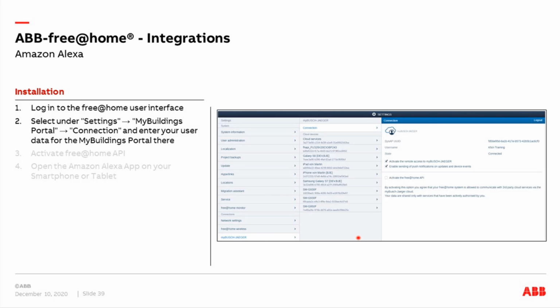Here I have now the possibility to go to the connections and connect my system access point now with my My Buildings account. So this is the first step which I have to fulfill. Means here I'm already connected. Usually you have here on the top right side a small button which is called Connect. You have to put in your credentials of your My Buildings portal account, and then you connect your My Buildings account and your system access point.